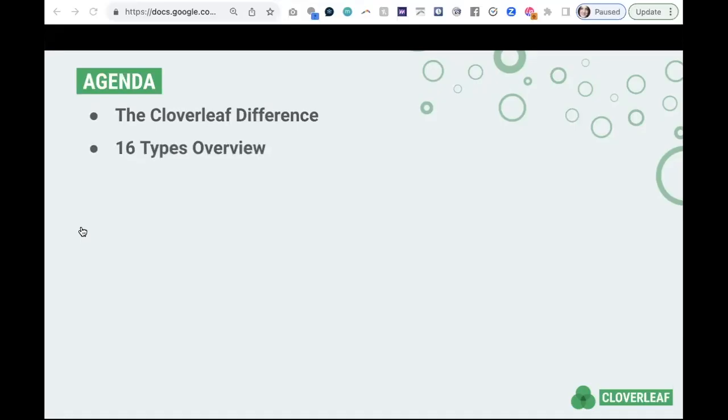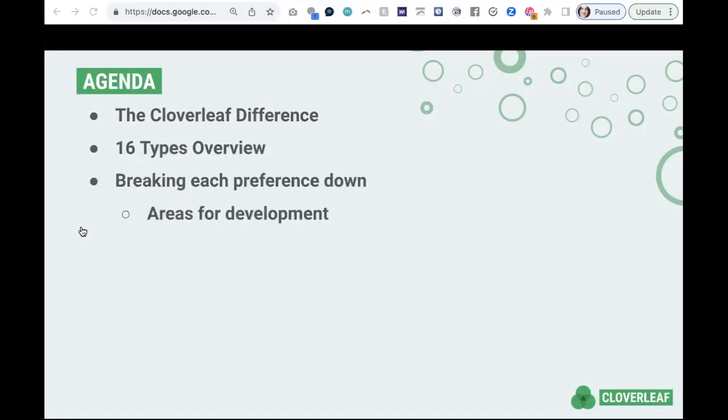Then we're going to do a very high level 16 types overview. I'm going to break each preference down, and I'm also going to share an area for development for each preference. I'll also mention the thinking styles comparison. I'll also go through the different team dynamics that you are going to see on Cloverleaf when you're looking at 16 types.